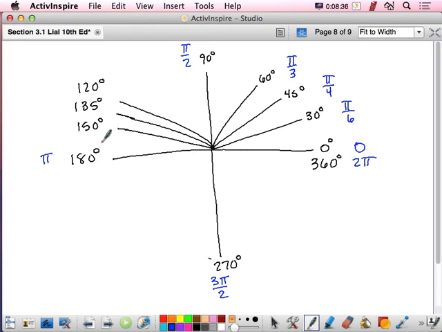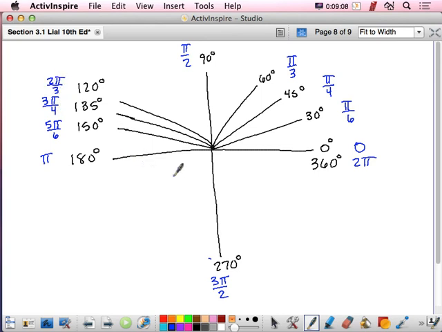And if you want, you can pause for a second right here and just double check that you can get that in your calculator, that you could convert 150 to radians and get 5 pi over 6. If you take 135 degrees and multiply by pi over 180, you would get 3 pi over 4. So that is the equivalent of 3 pi over 4 radians. And finally, 120 degrees is the equivalent of 2 pi over 3 radians.